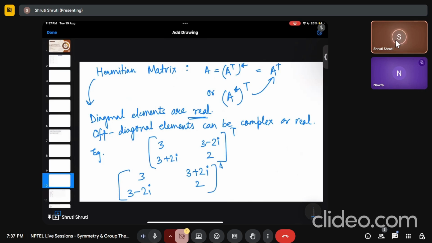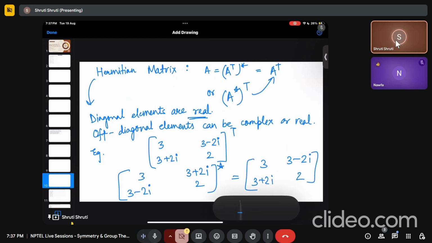Then if I do a conjugate, the conjugate of a real number is equal to the number itself, while in an imaginary number, the sign changes. Now these two matrices are equal. So this is a Hermitian matrix.